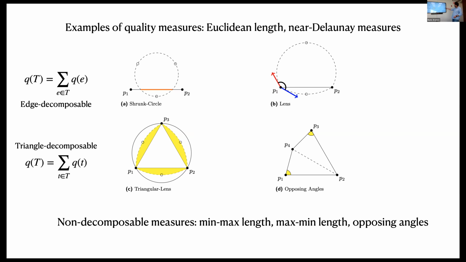And there are two other measures. All these measures were introduced in CG, I think 4 or 5 years ago, so we are not making up these definitions of Delaunay.